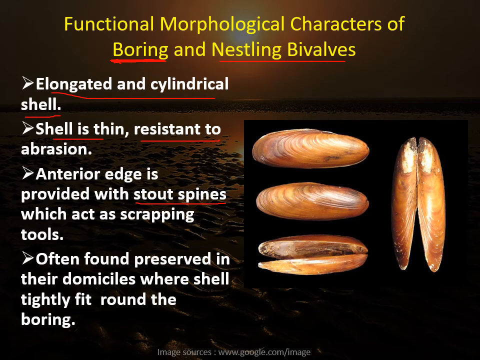By secreting acids, they basically dissolve the rock material, and by using these sharp, stout spines, they loosen up the rock material and create space for themselves. So these spines basically act as a scraping tool for these kinds of bivalves.